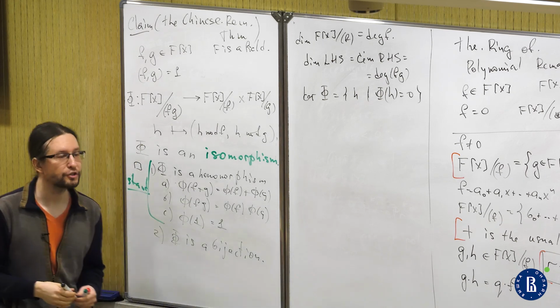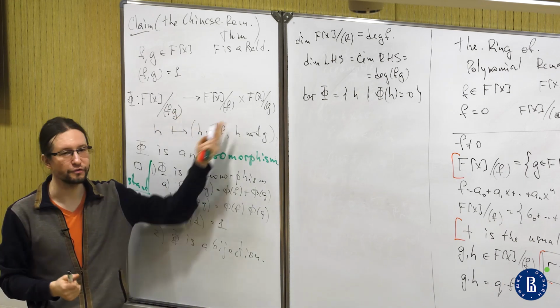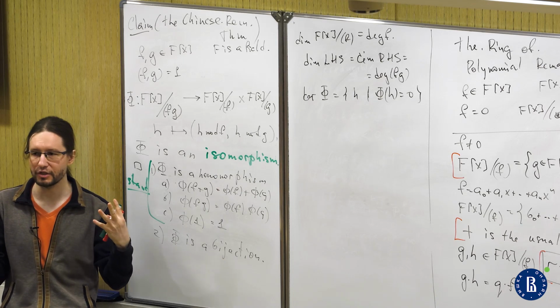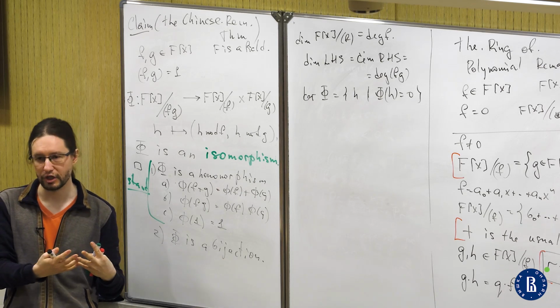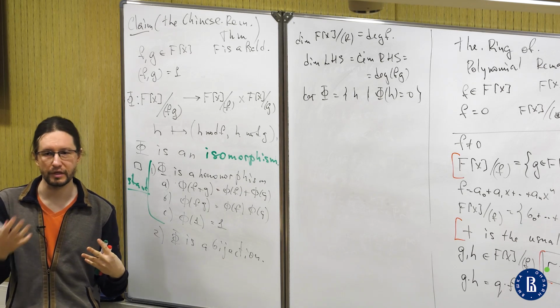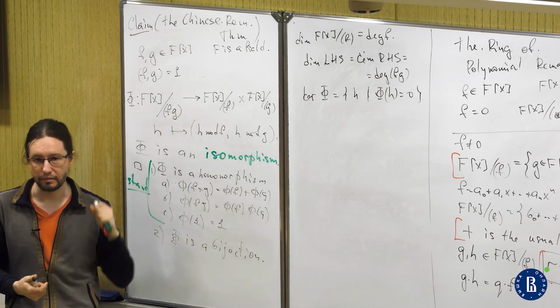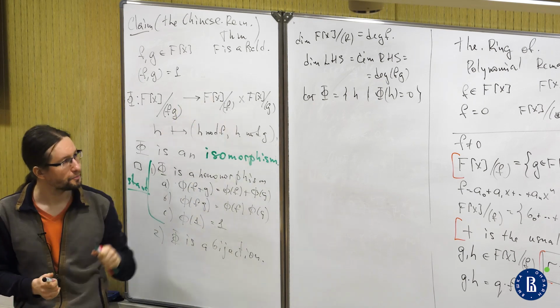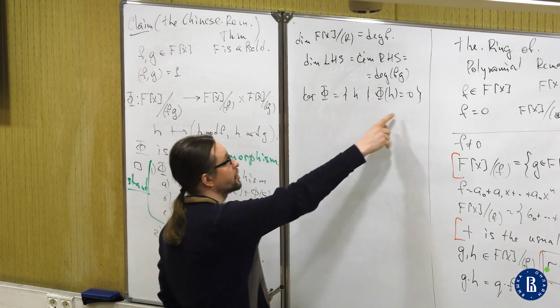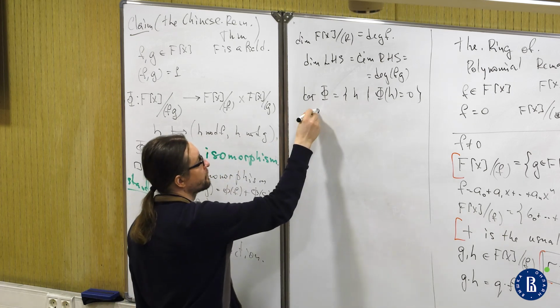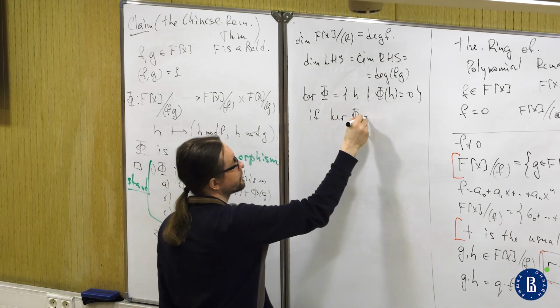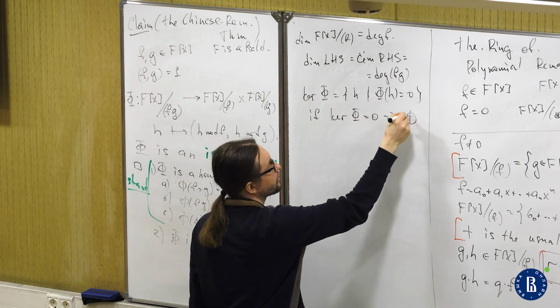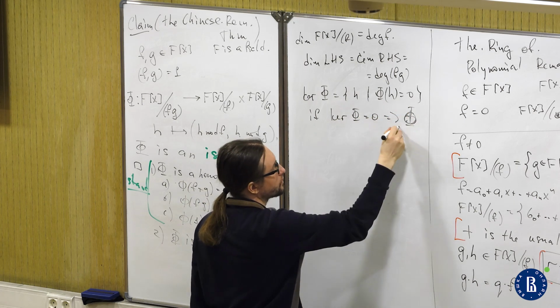But if we have an injective linear map between two vector spaces of the same dimension, it's automatically surjective, because the dimension of the image must be the same as the target. So the only thing that we need to check is that the kernel of phi is equal to 0, because then phi is injective.